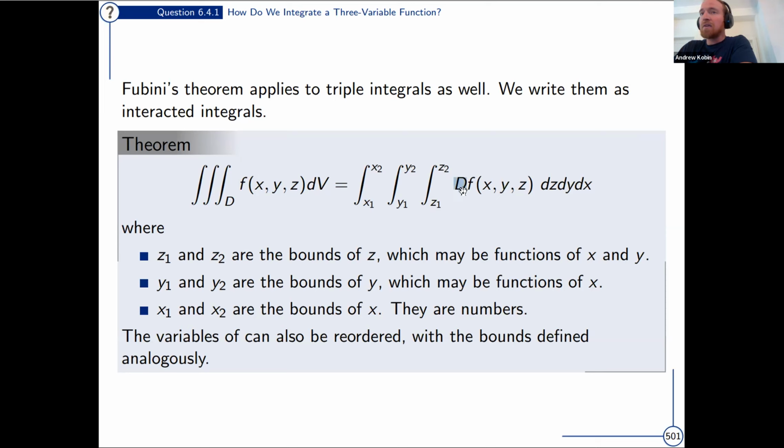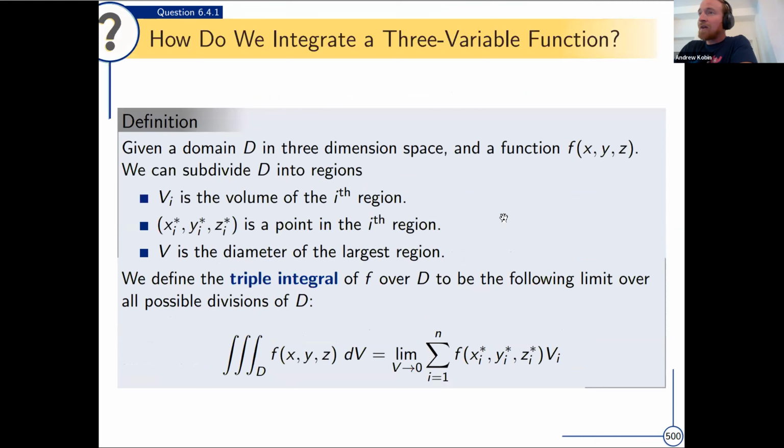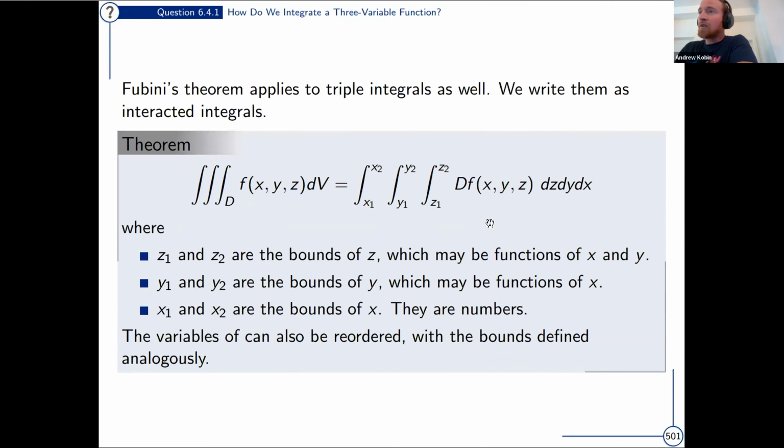This d shouldn't be here. This is just a typo from the previous formula. We're going to integrate the function f of x, y, z with respect to, in this order, z, then y, then x.